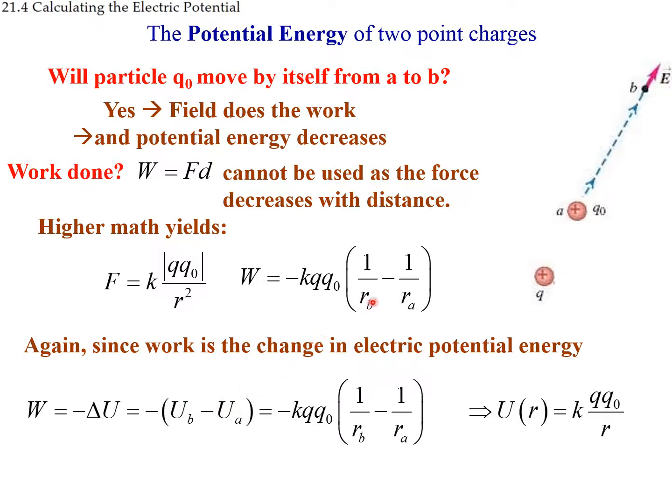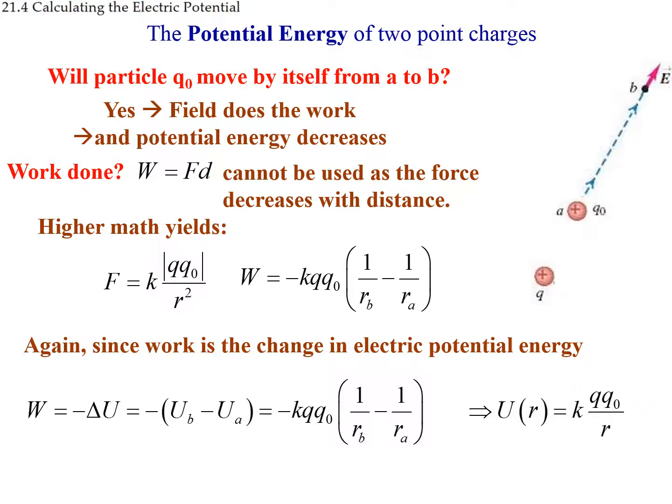Equating these two, we can get an expression for U that will look like this. So U at a point, the electric potential energy at a point R away from this charge, is going to be given by this.